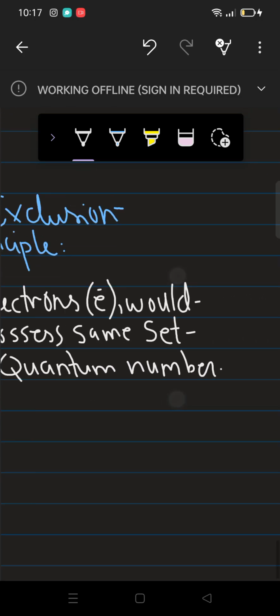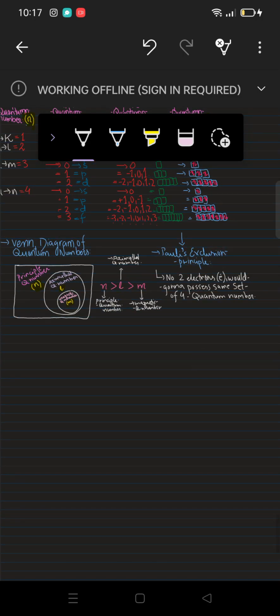Which means two electrons can have three of the same quantum numbers, however not all four.